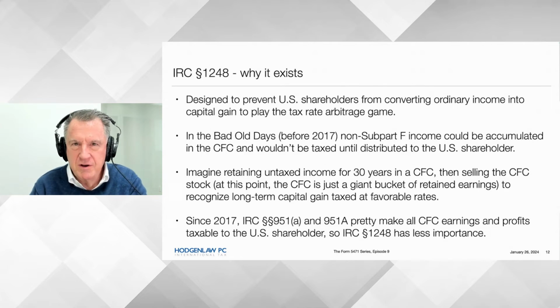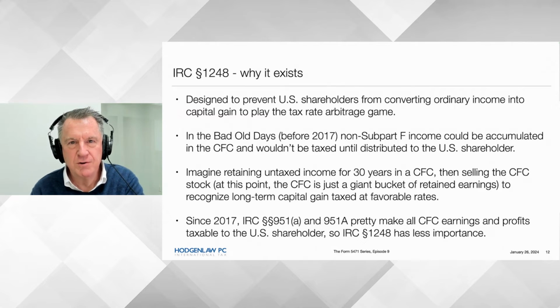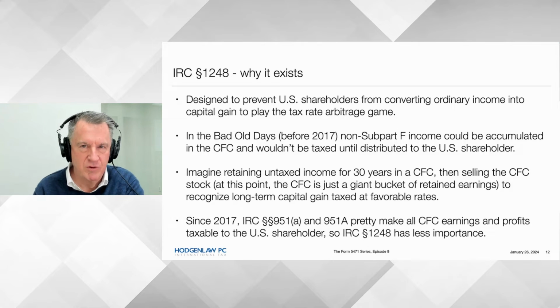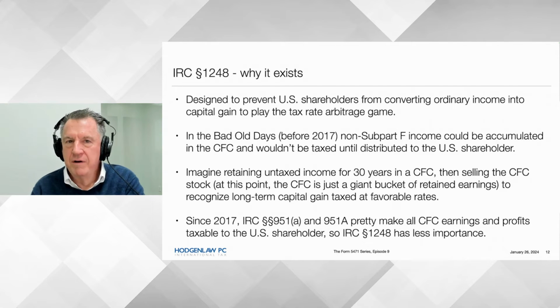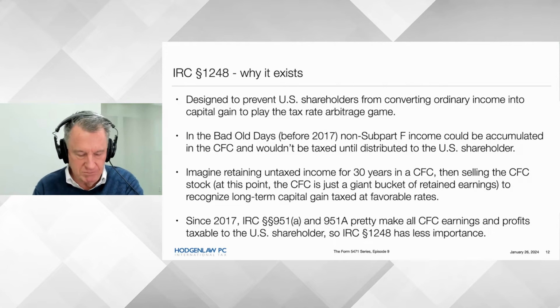It exists because taxpayers like to recognize income as long-term capital gain rather than as ordinary income. A sale of stock held more than a year is long-term capital gain, tax rate 23.8%. Ordinary income is taxed up to a max of 37%. Lower is better.